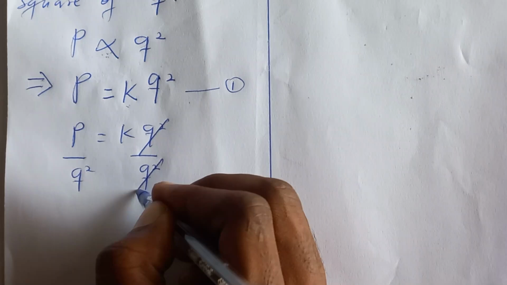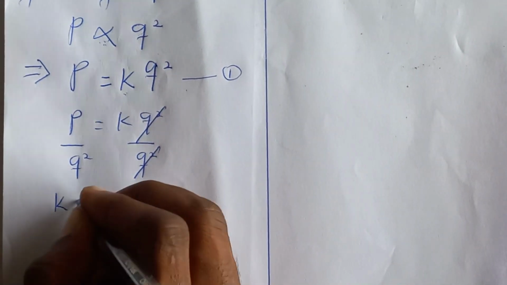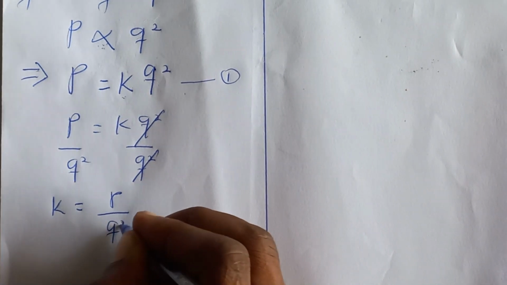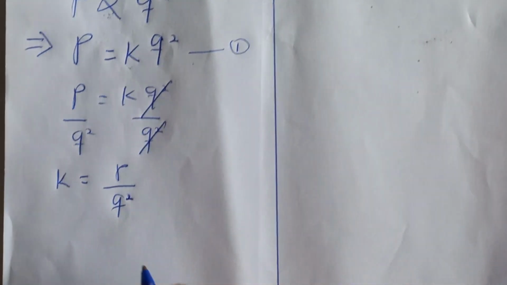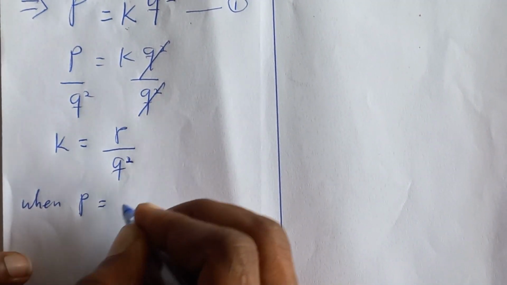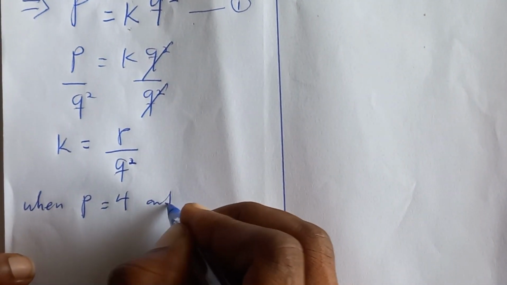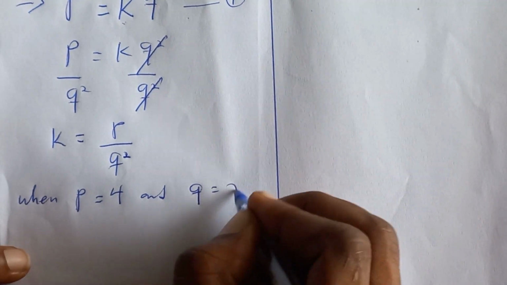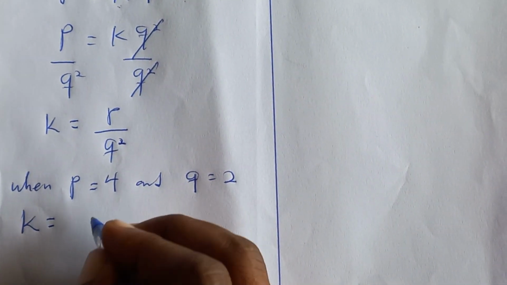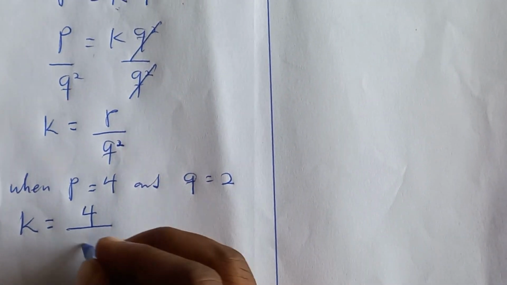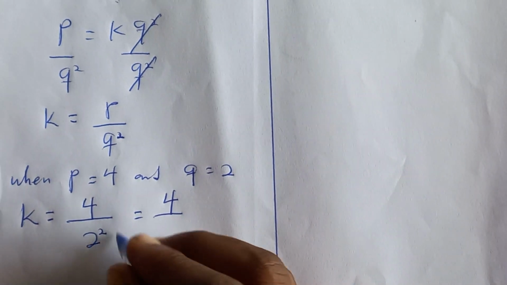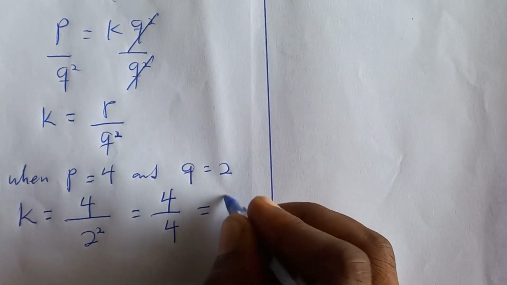So Q squared cancels out, and k will be equal to P over Q squared. When P is equal to 4 and Q is equal to 2, k will be what? That's what we are looking for. So it will be 4 over 2 squared, and 2 squared is 4, so 4 over 4. So k will be 1.